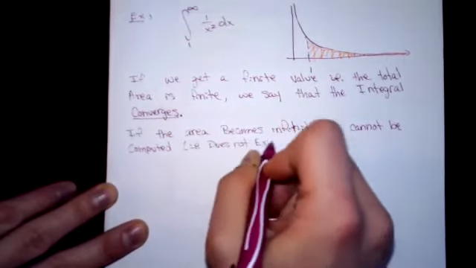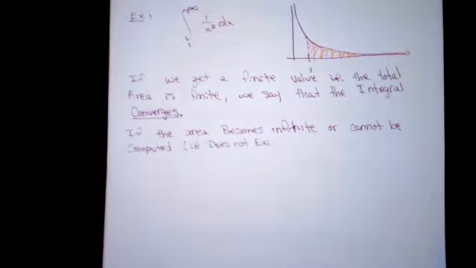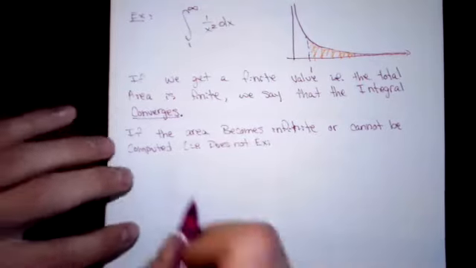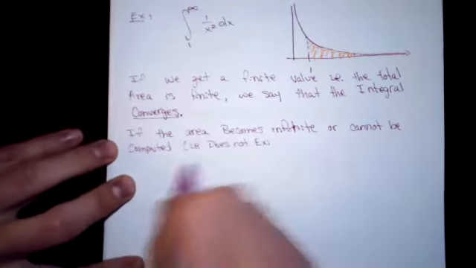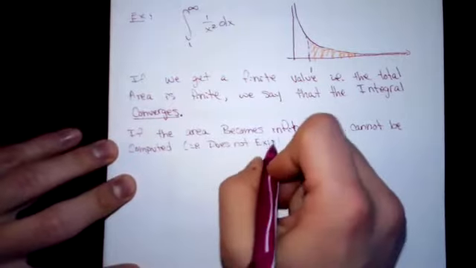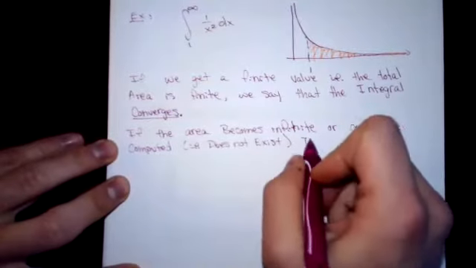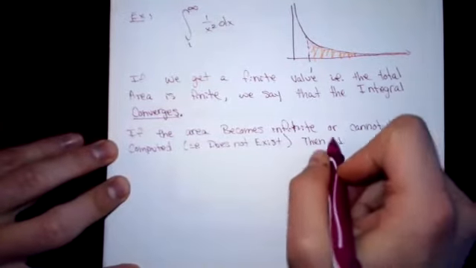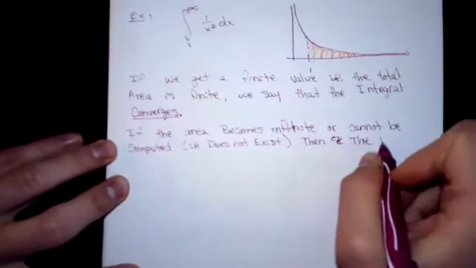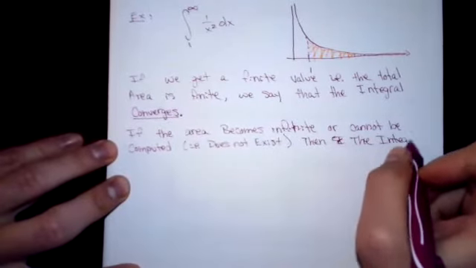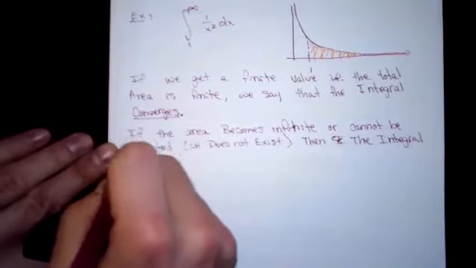So when I specifically say cannot be computed, I don't just mean it's too hard, I can't compute it. I mean, in some sense, it doesn't exist. Like, it's going to oscillate. We're adding up a bunch of positive and negative values, and it's just going to keep changing. We'll see an example of that later. Does not exist. Then, excuse me, the integral diverges.